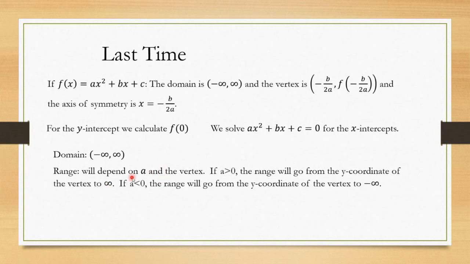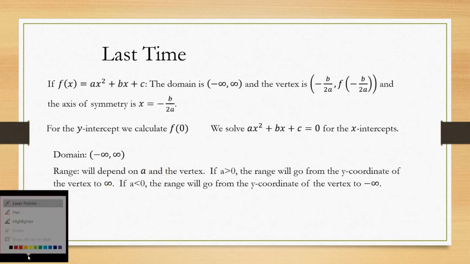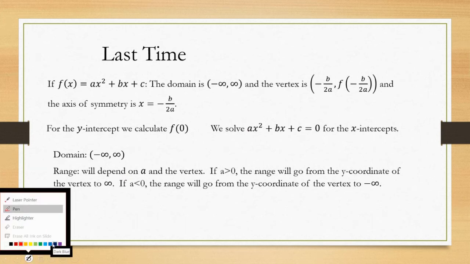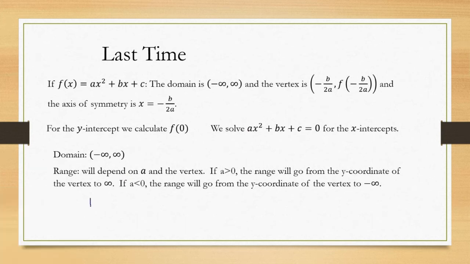And what I was saying here with the range, remember, if your a is positive, the graph's going to open upward like this, almost like a smiley face, if that makes sense. Usually in the graph, we don't draw these arrows, but it's understood that the graph keeps on going up. The vertex is at the very bottom.